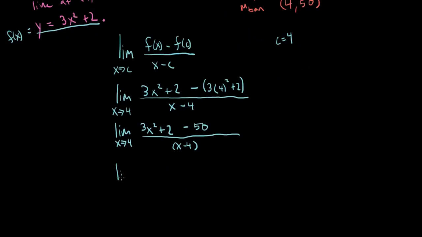So we can say the limit as x approaches 4 of, we have 3x squared minus 48, over x minus 4.